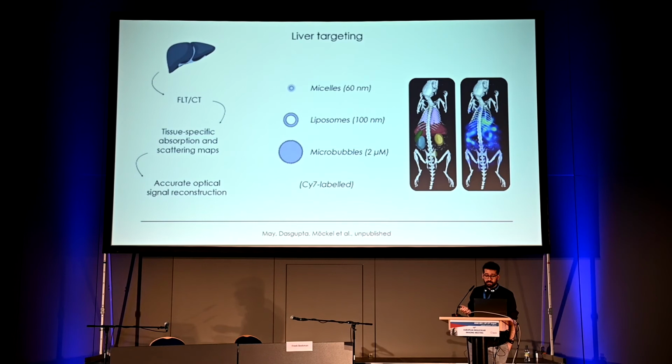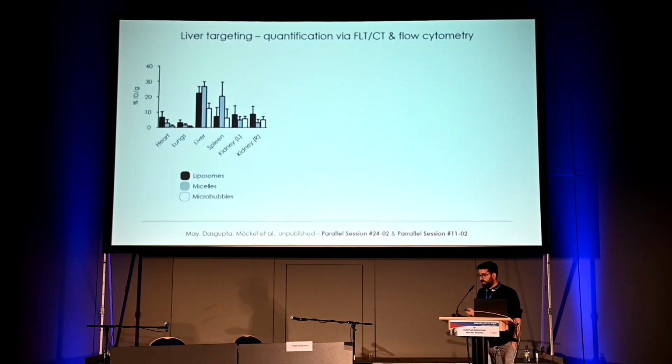And in our study, we synthesized 3 different nanocarriers: micelles, liposomes, and microbubbles. By quantifying the signal in the liver, we can see the micelles target the liver to a higher extent than the other 2 nanocarriers.